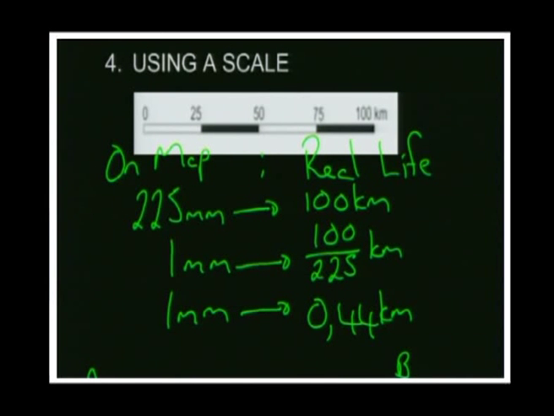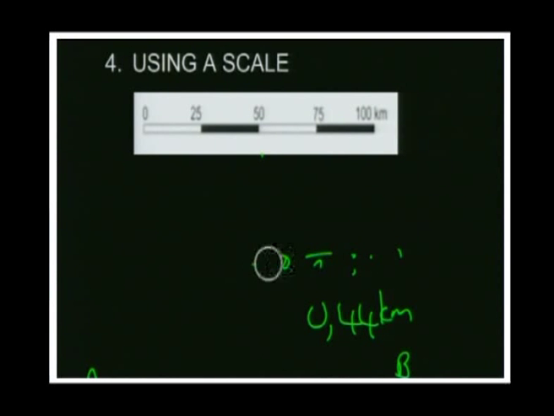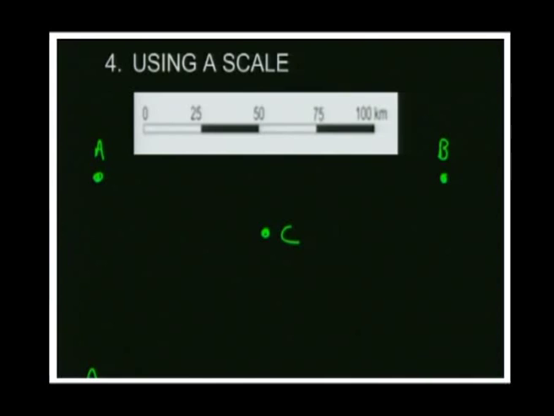Now, the exciting thing about this scale, this bar scale or line scale, is this. I want to show you something. I think this is going to illustrate it nicely. Let's have a look at my picture here. I'm just going to rub all this stuff out quickly and draw a little map for you again. Now I'm going to put my little town A and my little town B over here, and let's even have a little town C over there.